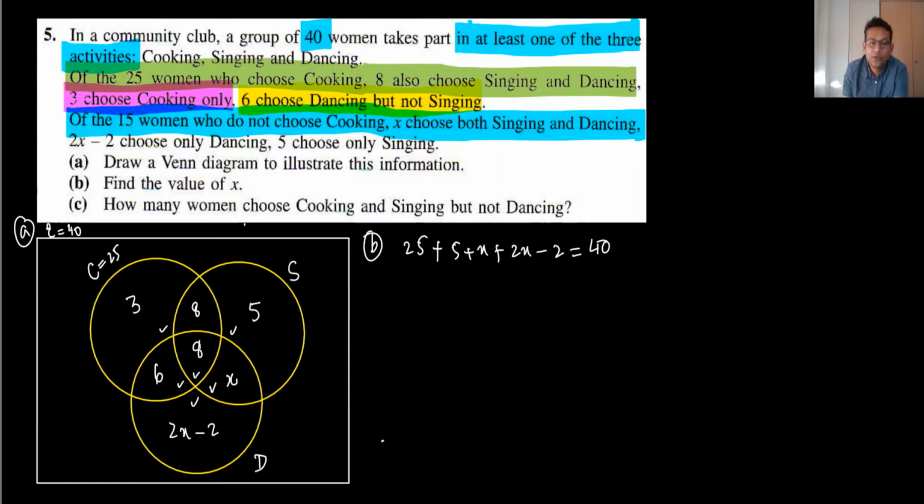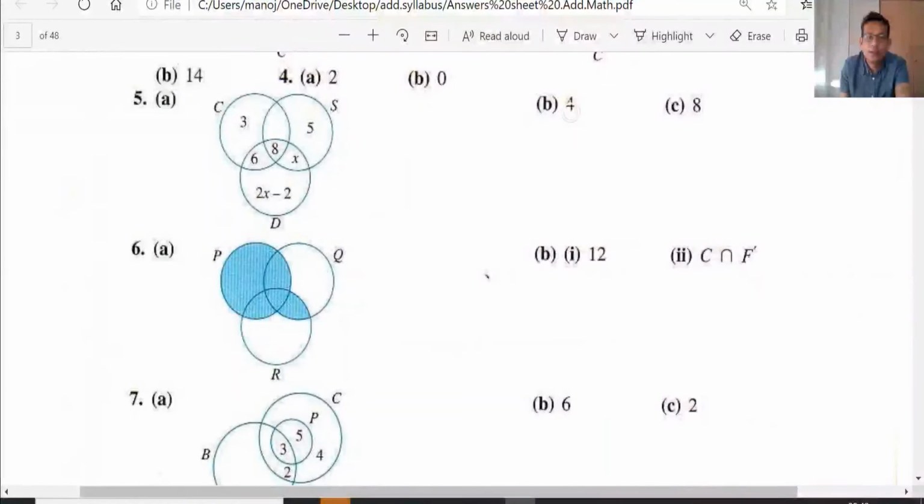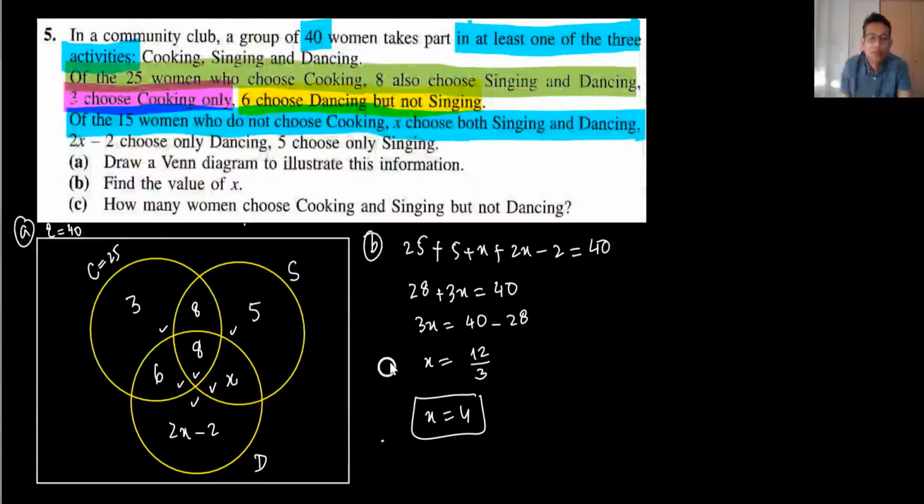Now I think it's very easy to find. 25 plus 5 is 30, and this is 28 plus 3x equals 40, and 3x equals 40 minus 28, which is 12. 12 upon 3 equals 4, and we got the value of x as 4. If you want to check, the answer is coming absolutely right, 4. So this was the B part we have done.